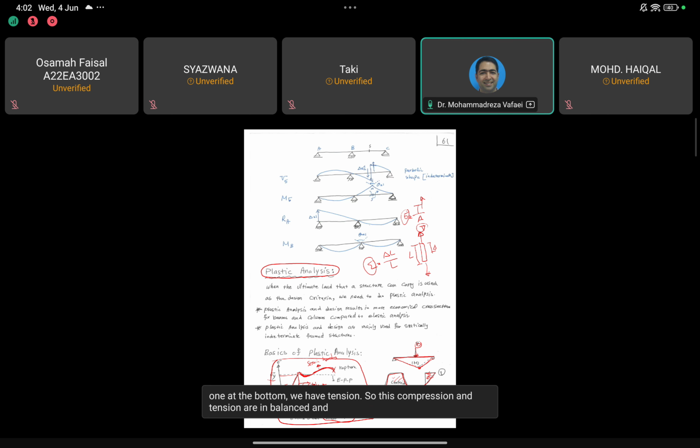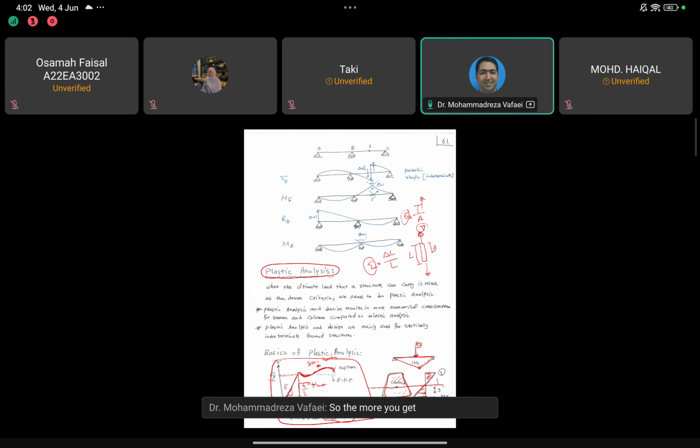And you can see that we have a line that passes through this point that we call the neutral axis. So the farther you get from the neutral axis, the larger the stress inside the fibers becomes. And if you come to the center of your section, basically stress will be almost zero over there.